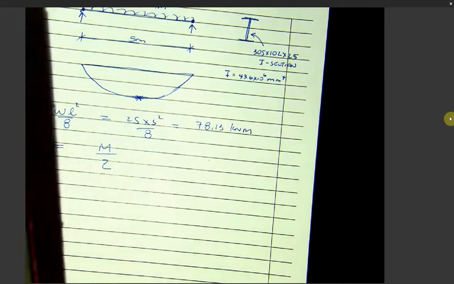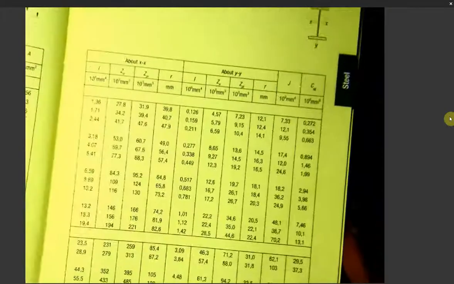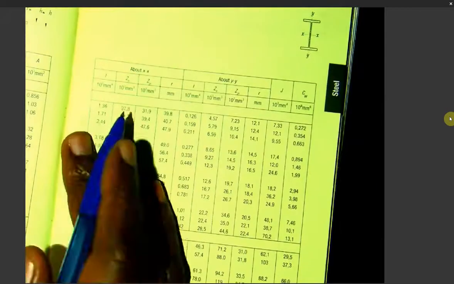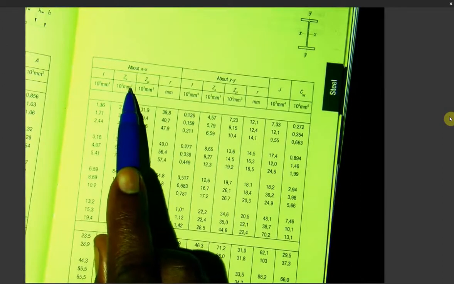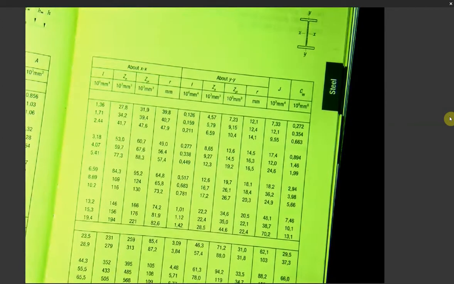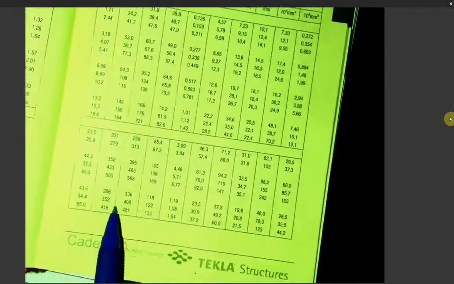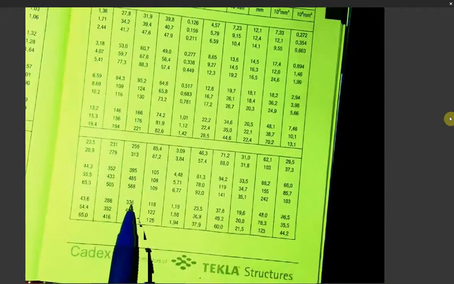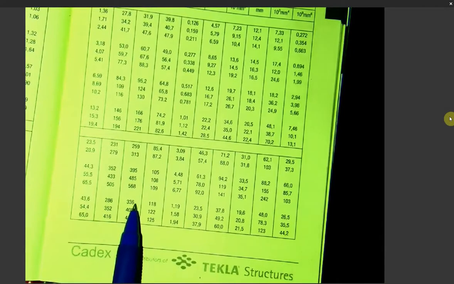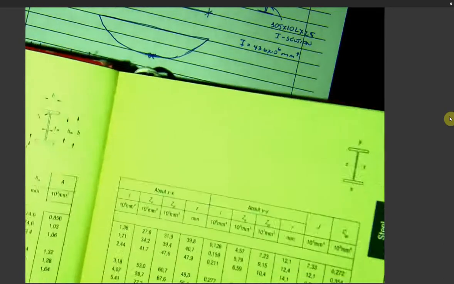You're also given Z elastic and Z plastic. Don't worry about that, because at this stage you won't know which Z you must use. All you need to do is take the H for that section.